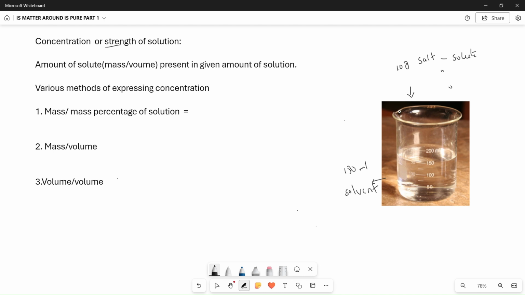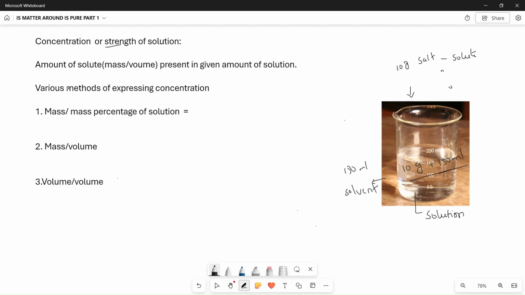The 10 grams of salt will dissolve in 150 ml of solvent, which will give you salt water, nothing but a solution. In the solution, you now have 10 grams of salt plus 150 ml of water.